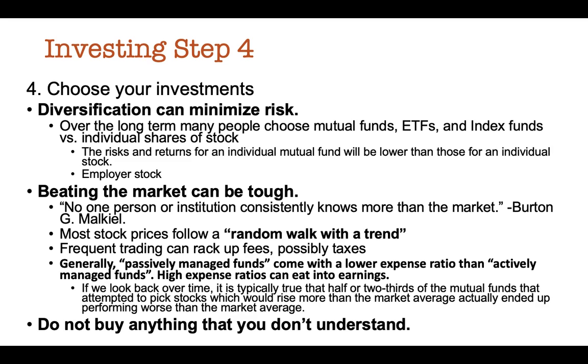It's a pretty successful book for investors. It's the idea that no one person or institution consistently knows more than the market. And so the idea behind this is it's really hard to beat the average market return with your own buying and selling of stocks or any other type of investment product.